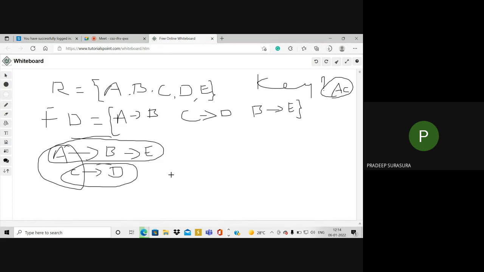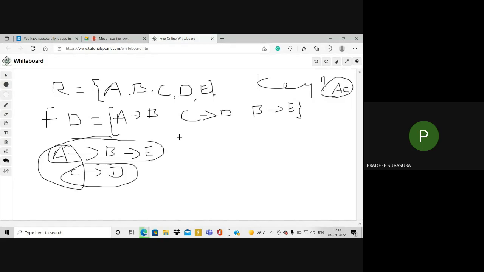First step, reduce the key. Once you know this, draw the diagram like this and say the key is A and C, and R is in 1NF. As we don't see any multi-values, you can say R is in 1NF. Write down the 1NF definition, and according to the definition, since all the values are atomic, R is in 1NF. Then write down the second normal form definition and observe which of the FDs violate second normal form and which satisfy it.